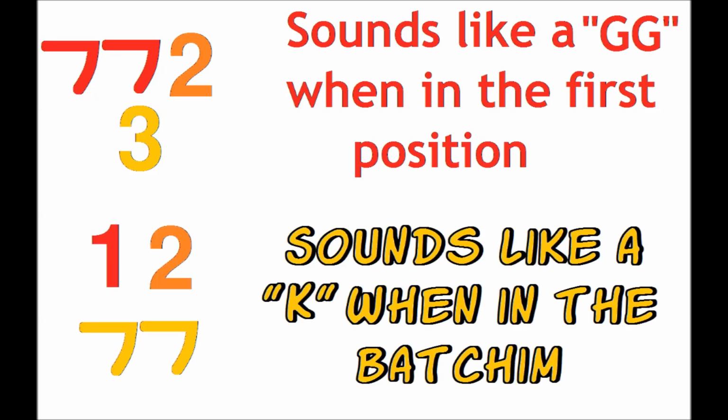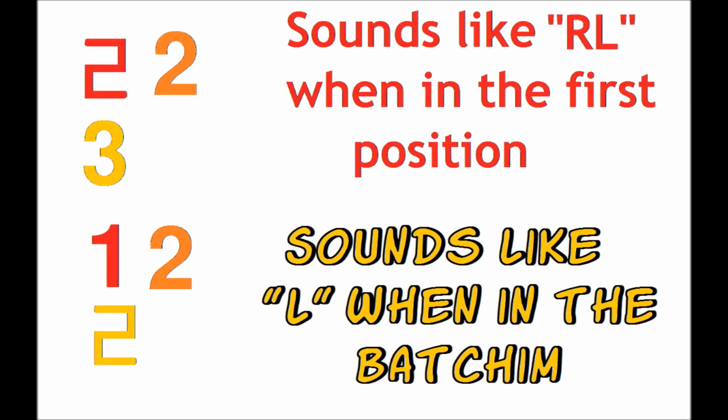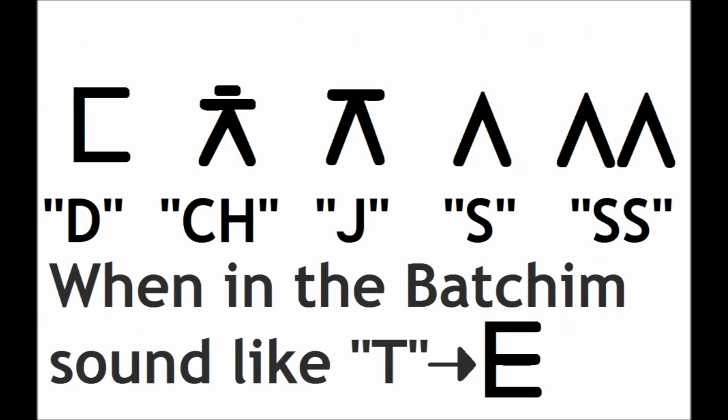But in the Batchim position, double G sounds like K. Also, that RL blend tends to sound a little bit more like an L in the Batchim position. Now these letters, the D, the CH, the J, the S, and the double S all sound like the letter T when located in the Batchim position.